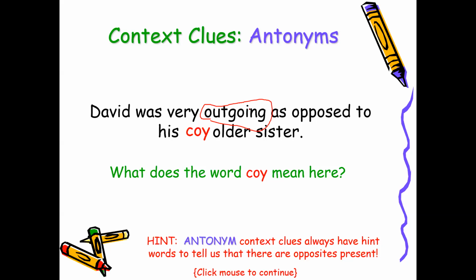And again, as opposed to is like the opposite of outgoing. So coy means shy or, you know, doesn't like to interact with others. Good job.